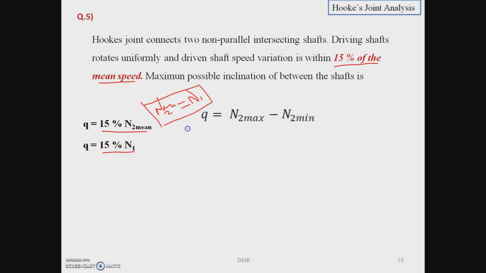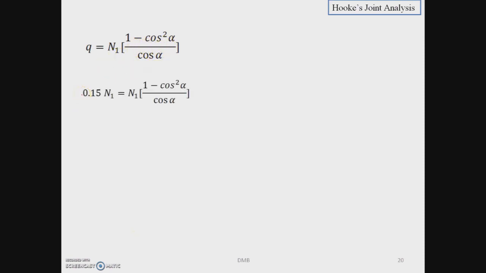Now fluctuation of speed is given by N2 max minus N2 min. We know that N2 max is N1 upon cos of alpha and N2 min is N1 into cos of alpha. So Q equals N1 into the bracket 1 upon cos alpha minus cos alpha, which equals N1 times 1 minus cos square alpha upon cos alpha.